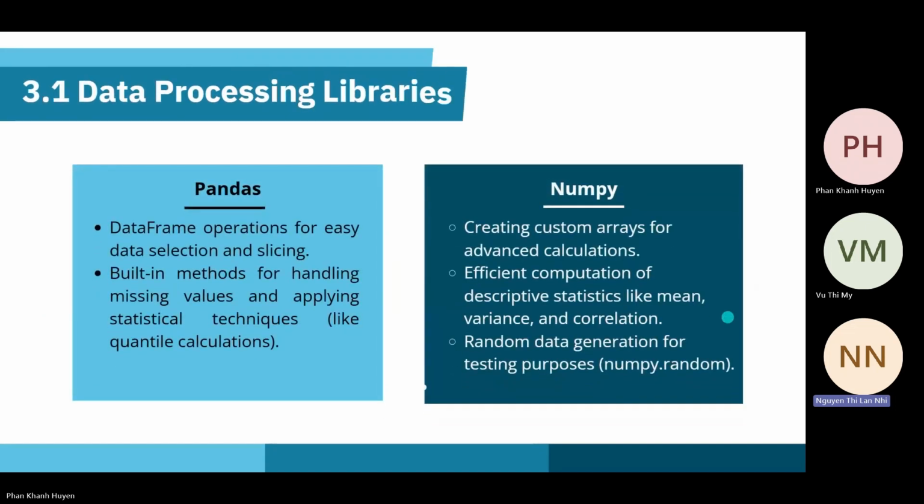The data processing libraries include Pandas and NumPy. Pandas provides data frame operations for easy data selection and slicing, and built-in methods for handling missing values and applying statistical techniques like probability calculation. And NumPy is for creating custom arrays for advanced calculation, efficient computation of descriptive statistics like mean, variance, and correlation, and random data generation for testing purposes.